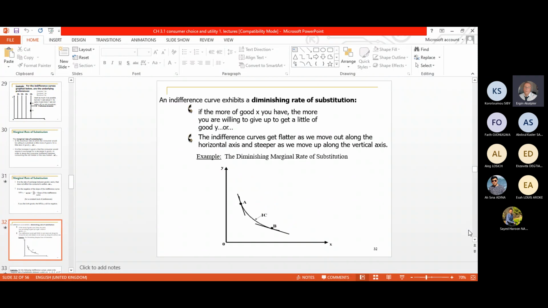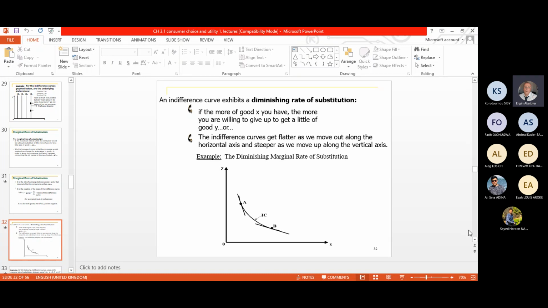As I said, it is related with this combination. As you see, A is approaching the Y and B is approaching the X. Therefore, A means the preference is going to the Y good, and B is going to X, where more X is preferred. But if it is on the same indifference curve, there is no problem.